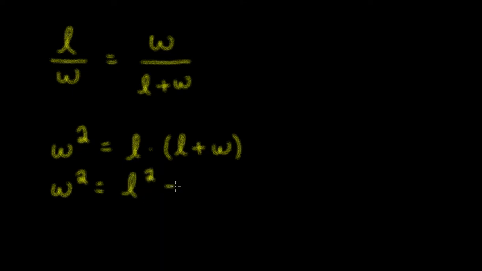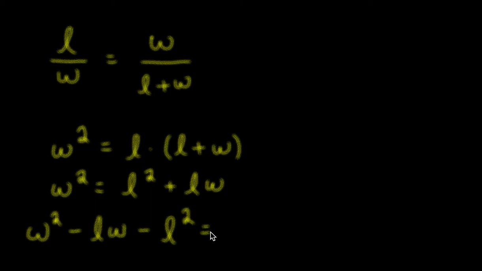That'll be length squared plus length times width. And then we see that in the width variable, we have a quadratic equation. So what I'm going to do is get everything on one side, get it into kind of a standard form for a quadratic. So I'll subtract over this term, length times width, and then subtract over the length squared term. Okay, and that'll be 0.